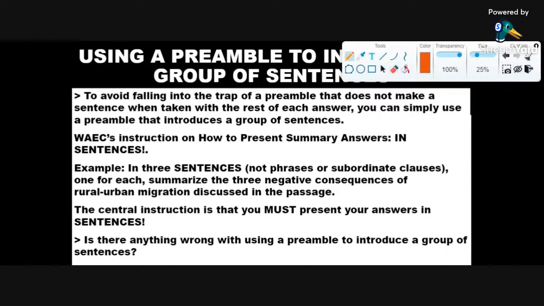Don't forget that the major instruction in that WAEC summary question is clear on what your answers should be: present your answers in sentences.